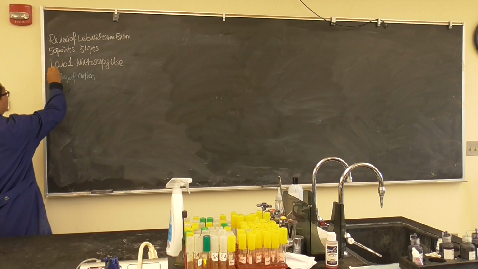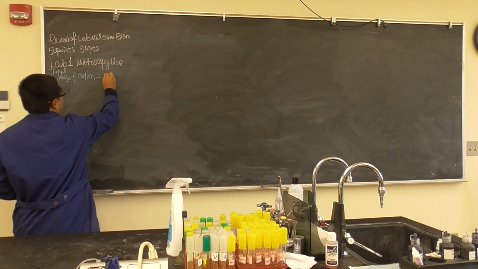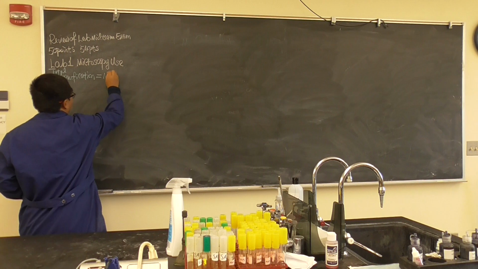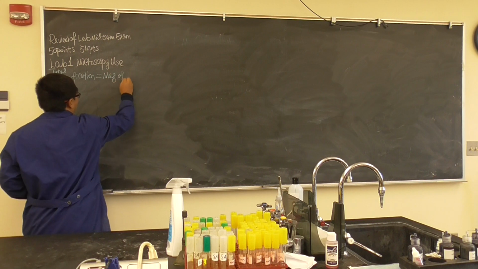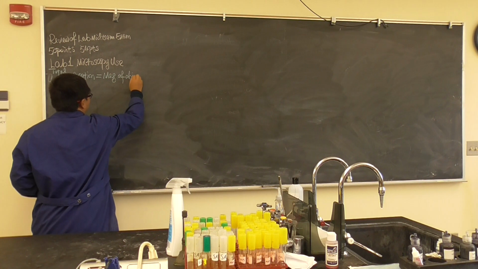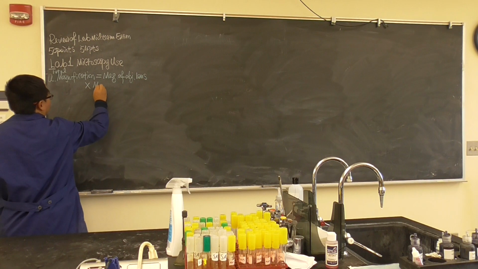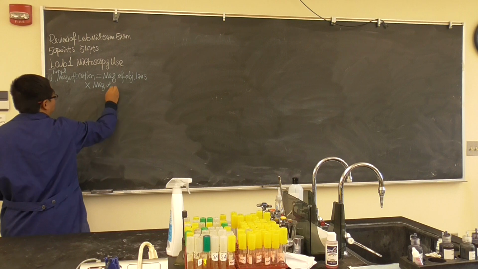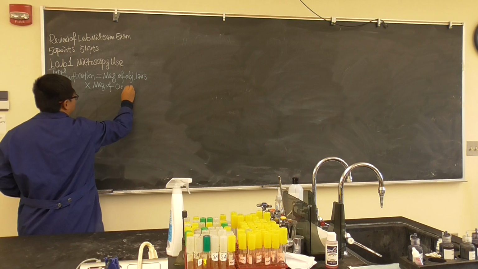The total magnification is calculated by the magnification of the objective lens multiplied by the magnification of the ocular lens.